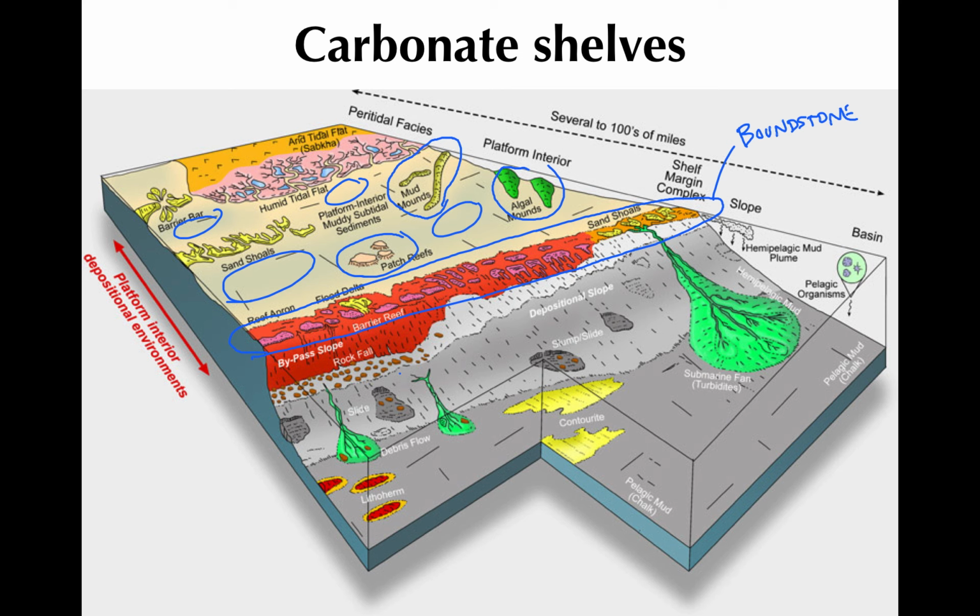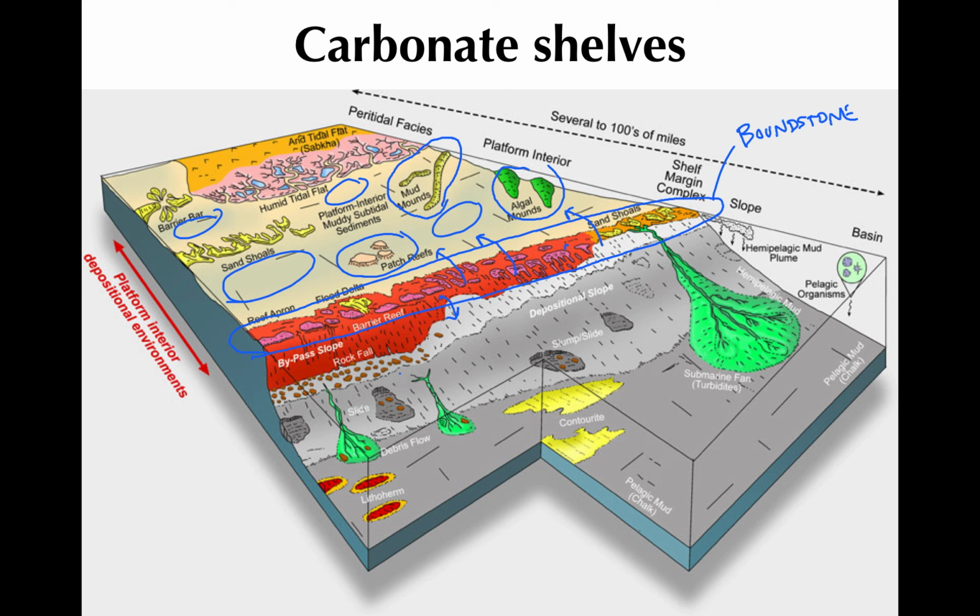Grainstone would be found near the reef, either where waves are breaking stuff up and washing it over the reef, or breaking pieces of the reef and shedding it this way, or within the reef itself. So all that grainstone would be composed of skeletal fragments mostly, produced by organisms living within the reef.